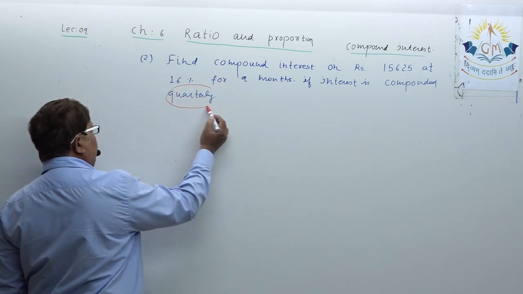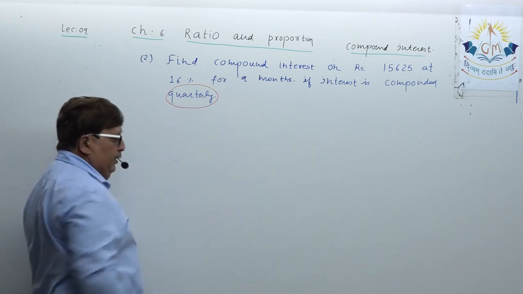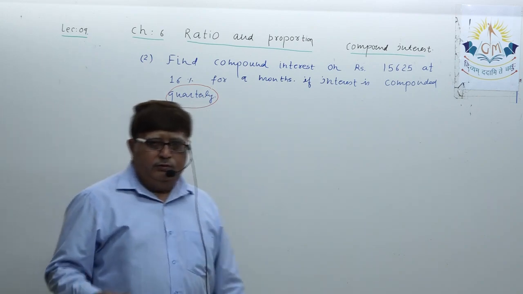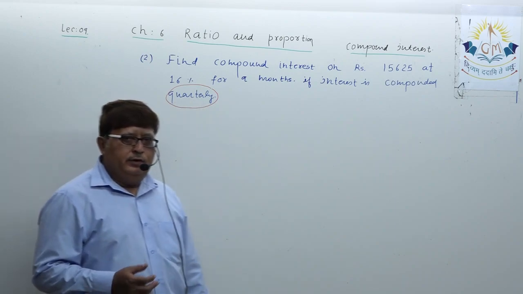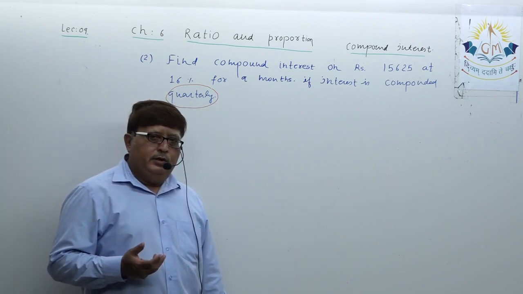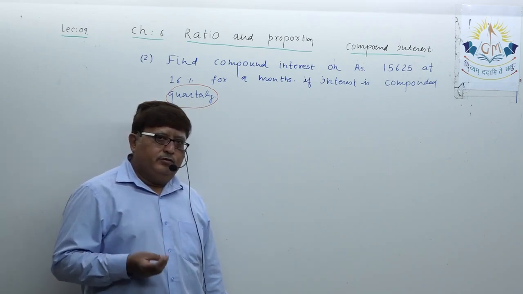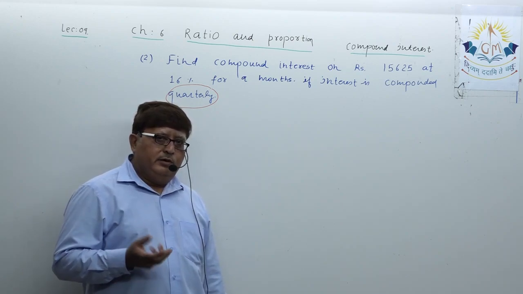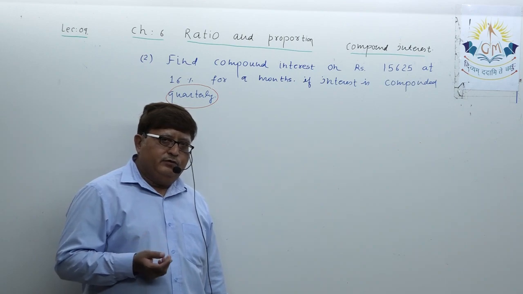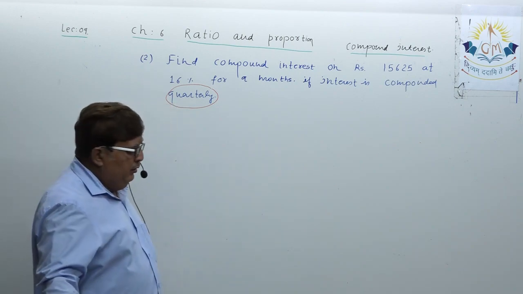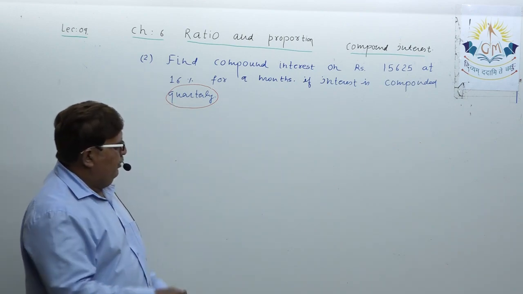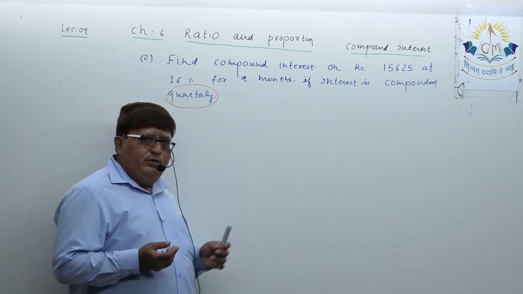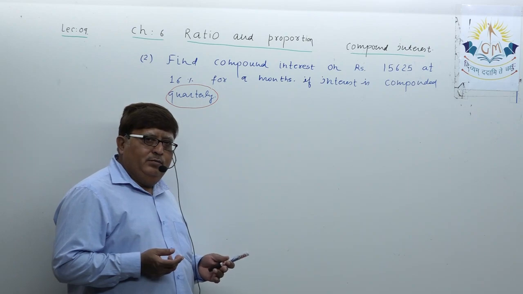Understand? Annual, half year. Sometimes they also utilize the word semi annually. This word also you will come across sometime. 6 monthly, half yearly. Understand? Sometime to confuse you, here they have written 9 months.